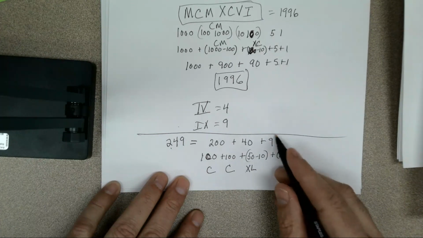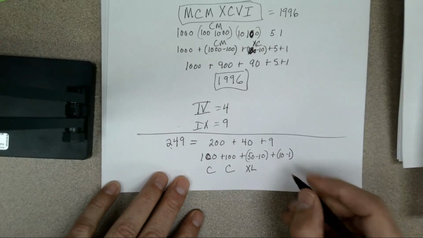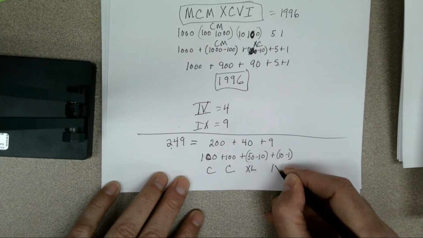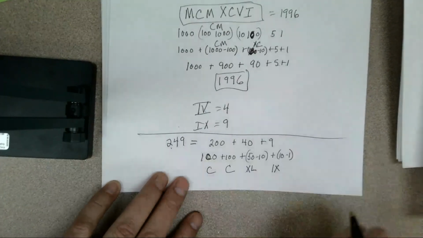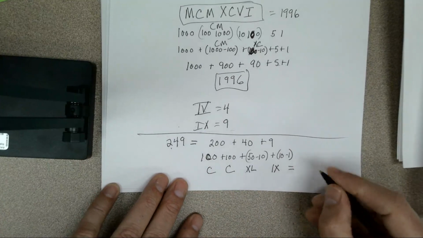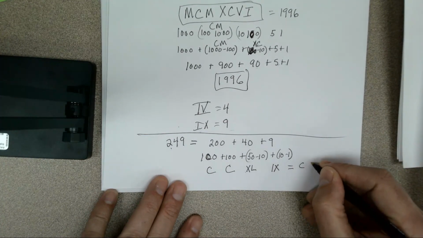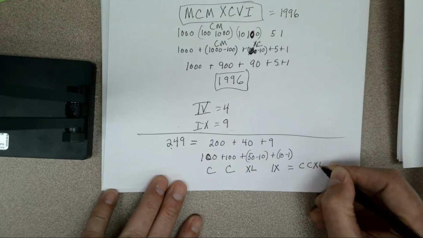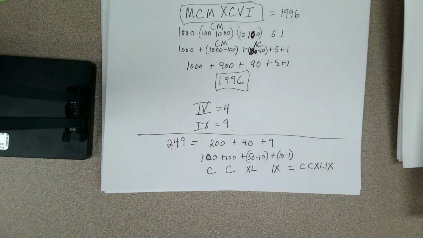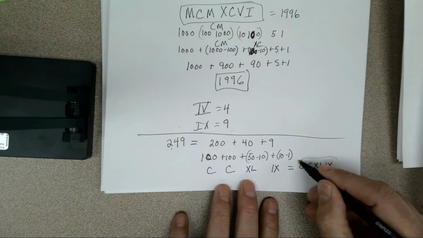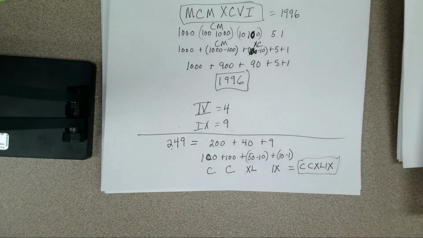And then 9 is 10 minus 1, so that's IX. Hopefully you know that IX, which we just talked about up here, is 9. So now you put all those together, and so you get C, C, X, L, I, X. Okay, so this right here is 249.